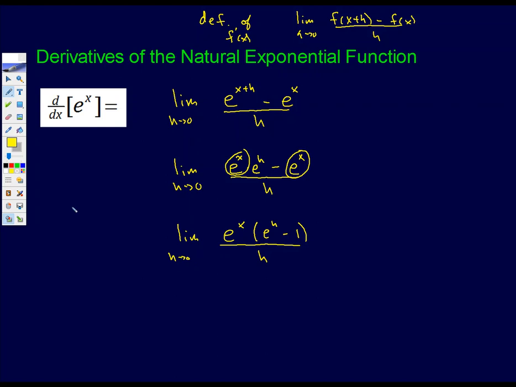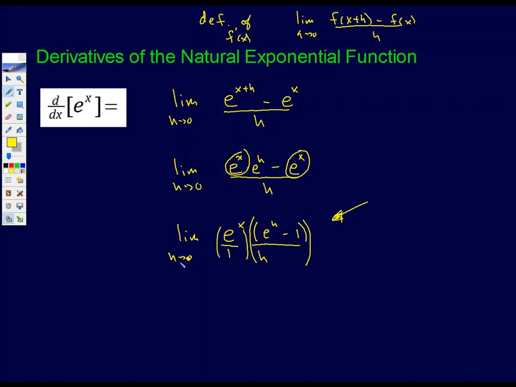Now I'm going to cleverly rewrite this one more time, rewriting this large expression as e to the x over 1, just kind of separate that, and then I've got this other fraction here, e to the h minus 1 over h. And now take a quick look at that second guy right there. When the limit as h is approaching 0, if you compare it to the warm-up problem, it's the exact same limit.